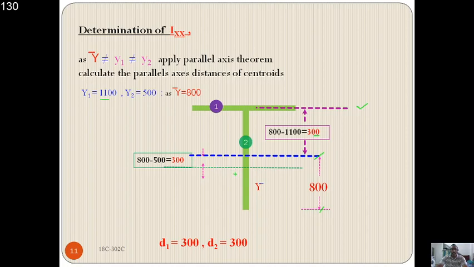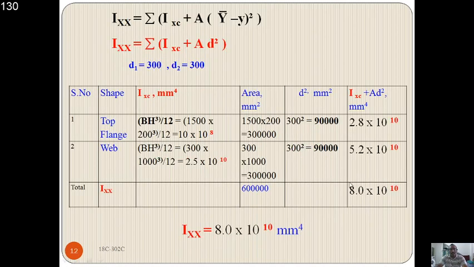And similarly for the second portion, y2, the difference between y bar and y2 is 800 minus 500, which is the same 300. So use those values in the parallel axis method and frame a table: Ixc, area and d square.